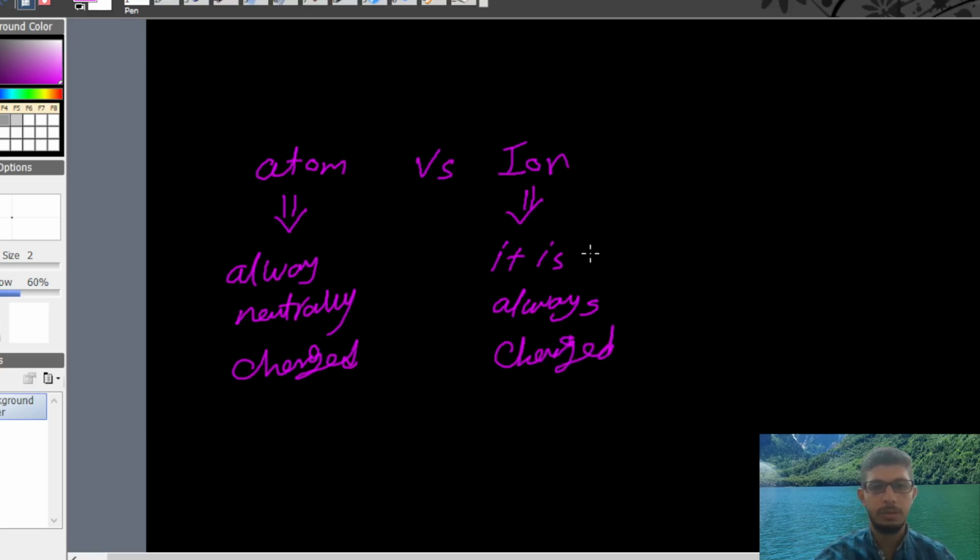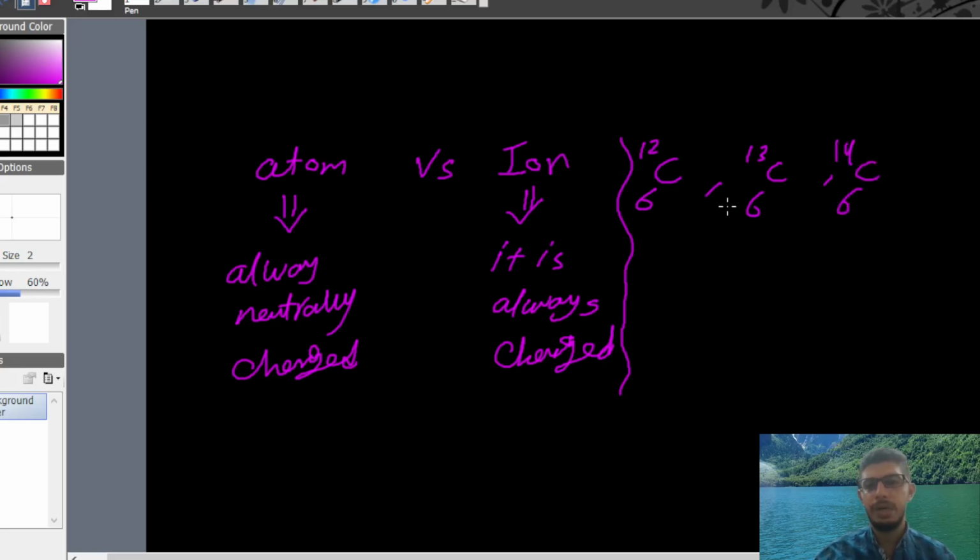Okay, good. So we need to take some examples. Let's talk about something like carbon. Carbon has the atomic number of 6 and it can have multiple mass numbers. For example, carbon 12, and there is carbon 13, and there is carbon 14.